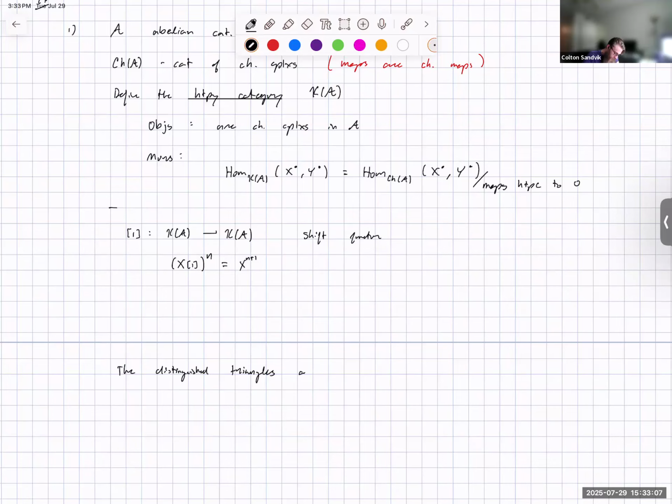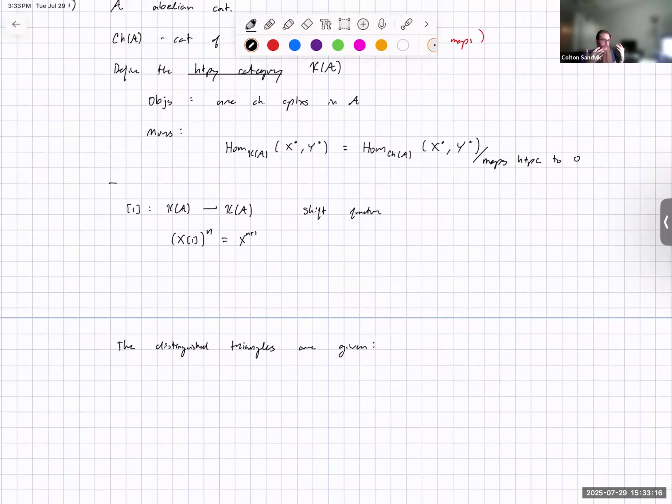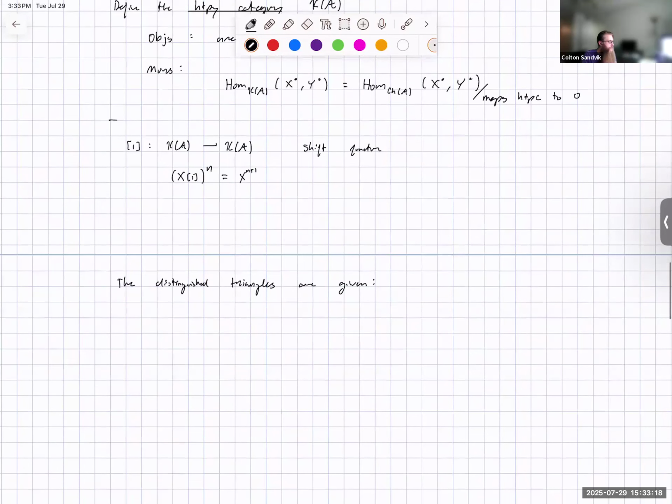Well, we should think that a lot of this should come from certain distinguished triangles that are going to be of the form A, B, let's say this map is F, and then the cone of F, and there's of course a map from the cone to A shifted by 1.